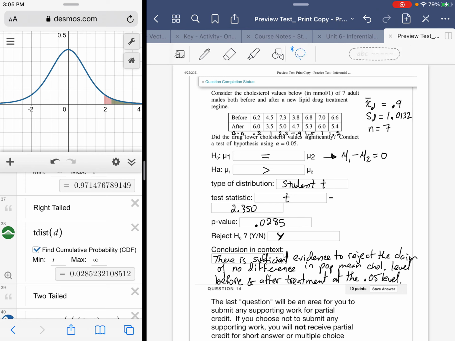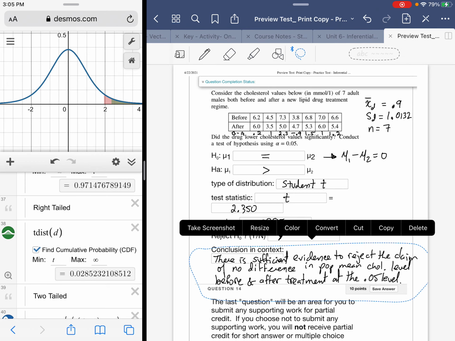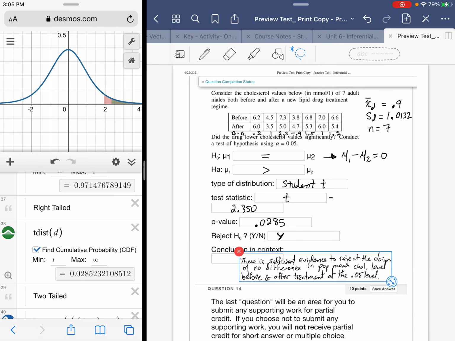Significance level, either way is fine. All right, so that's the null hypothesis.